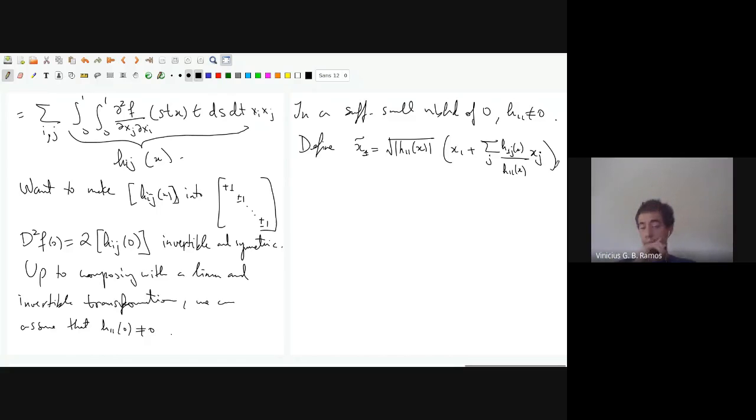So I define this to be x1 tilde, and then xj tilde is going to be equal to xj for all j.